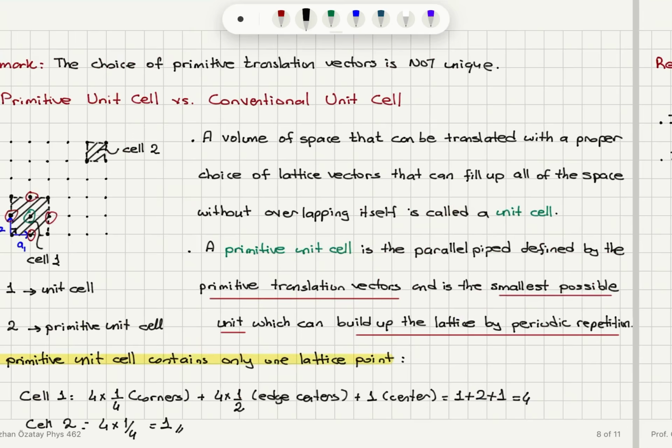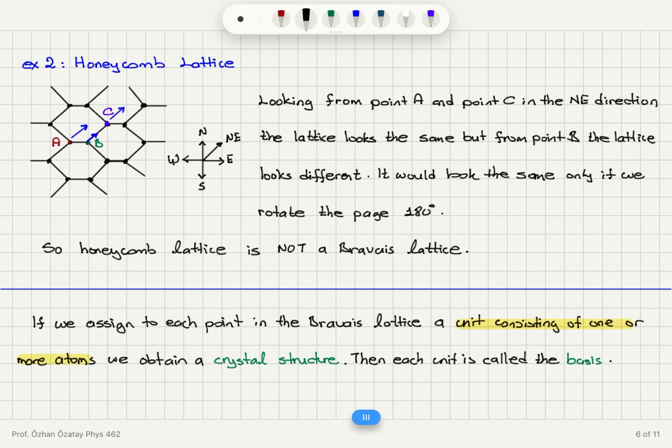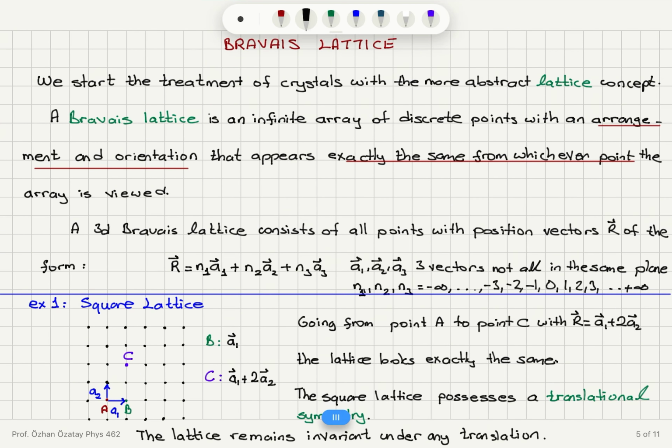Okay. So we looked at the basic features of the lattice structure. The concept of Bravais lattice is very important. It basically describes, in abstract space, a periodic arrangement of points that appears exactly the same from whichever point the array is viewed, both from the arrangement and orientation point of view.